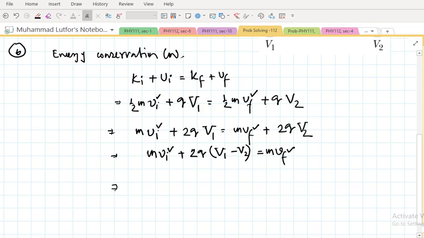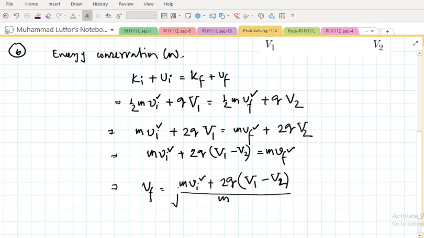From there I can find that Vf would be the square root of m Vi square plus 2 Q times capital V1, the potential at plate 1, minus capital V2, the potential at plate 2, divided by the mass of the charged particle, which is the proton.